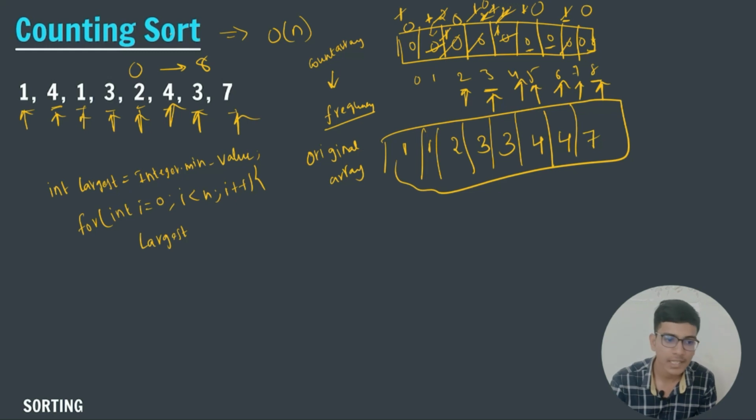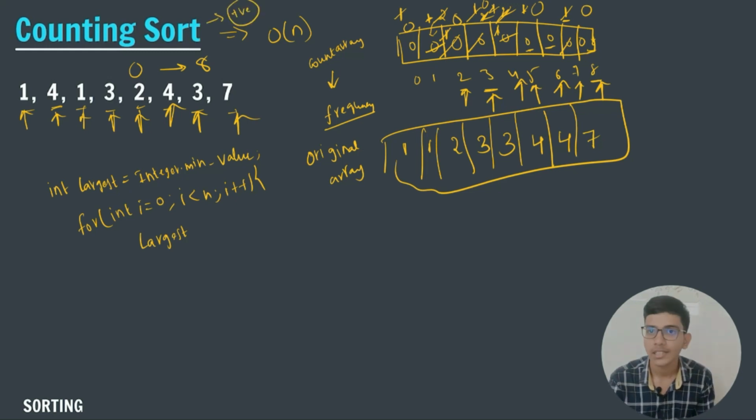And also one thing, counting sort is mostly used for positive numbers only. So counting sort is most of the time used for positive numbers and for a given range of numbers. So these are the two limitations of counting sort, but it is a good sorting technique because it sometimes gives a linear time complexity.